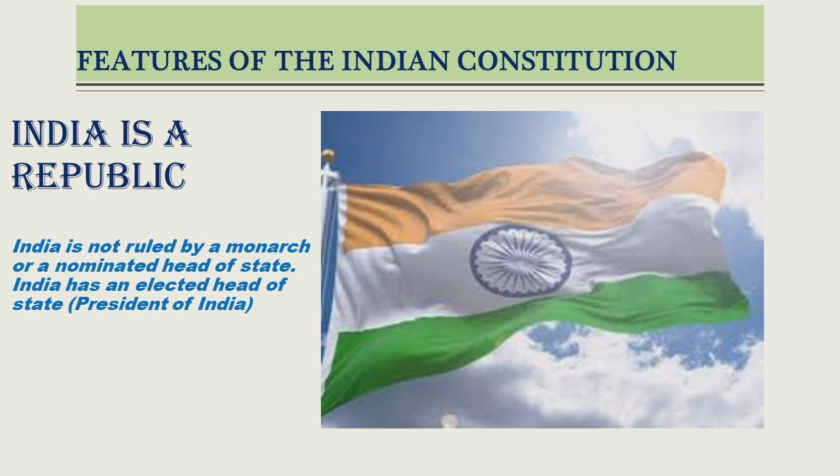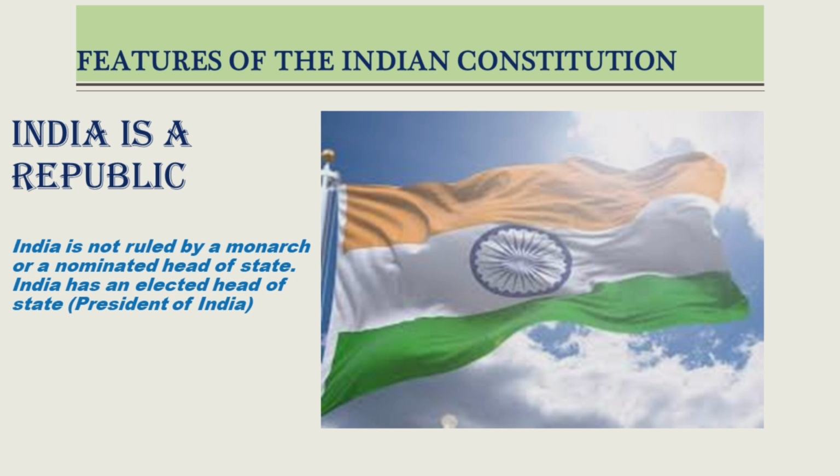India is called a republic because it has a system of government where the head of state is an elected representative, not a hereditary monarch. India is called a republic because it is a country where the people have the power to choose their leaders.